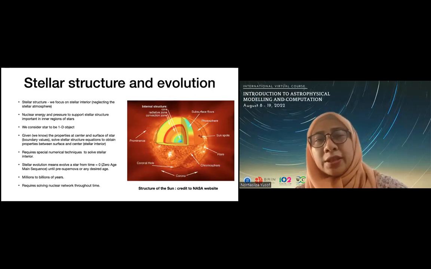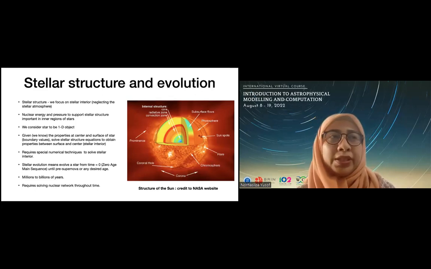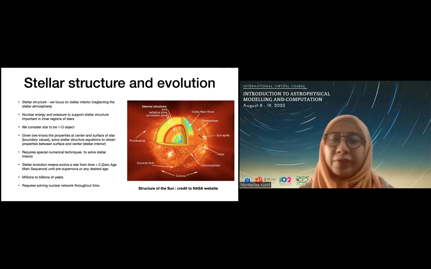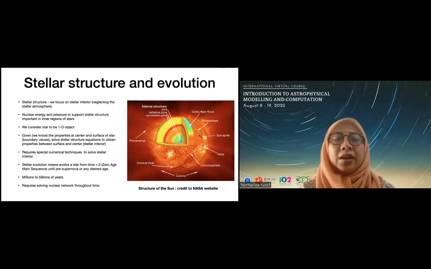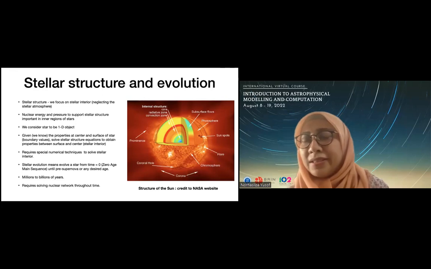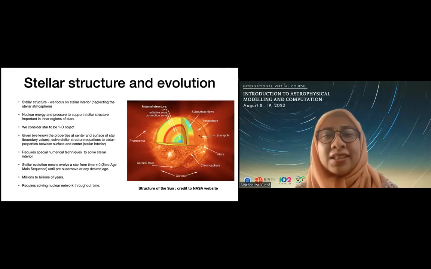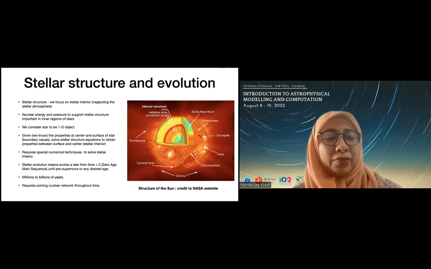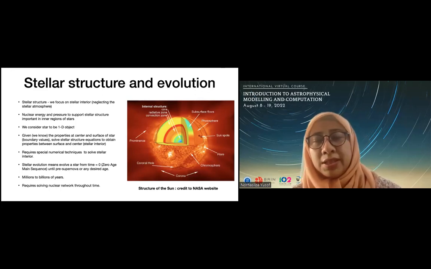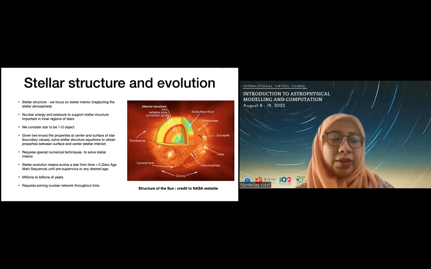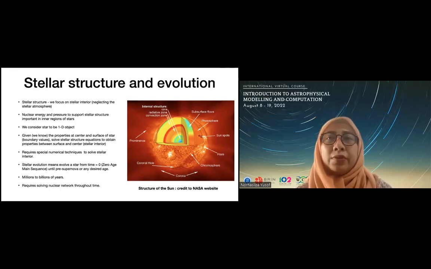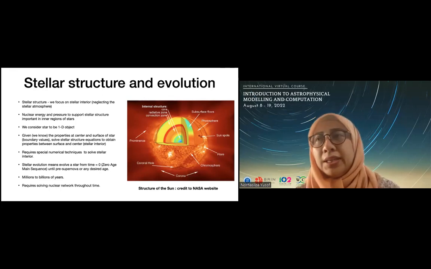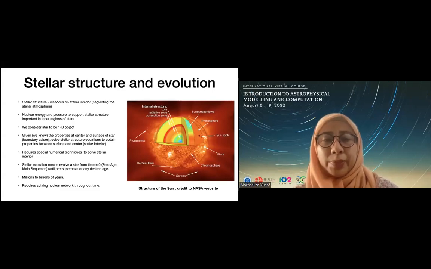Although now people speak about 2D modeling, 3D modeling, and so on, stellar structure and evolution is currently still in 1D. We solve it in 1D because it is a numerically rigorous task, so we simplify everything into 1D and consider our star in a one-dimensional perspective.